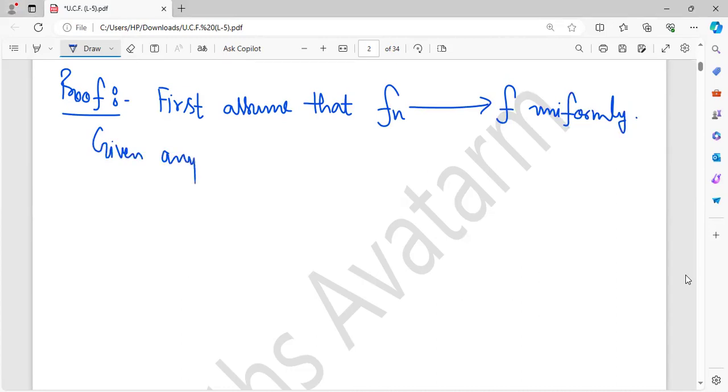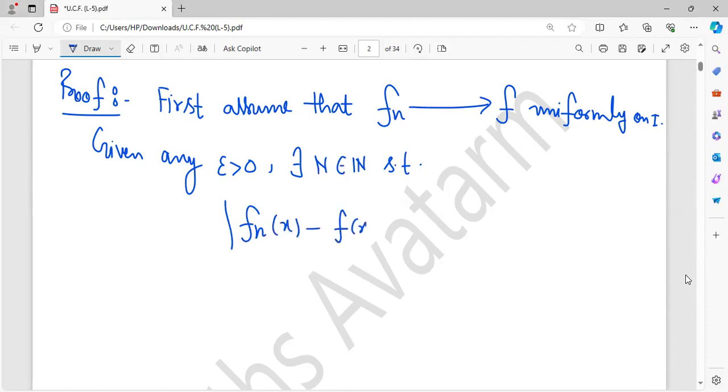Given any epsilon greater than 0, there exists a natural number capital N such that |Fn(x) minus F(x)| is less than epsilon for all n greater than or equal to capital N and x belongs to I.